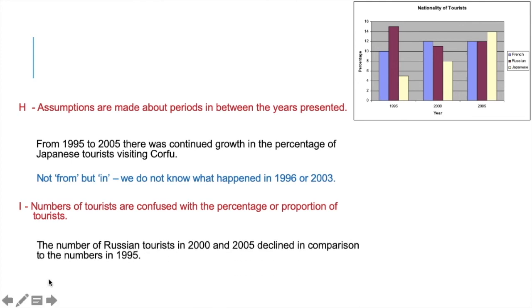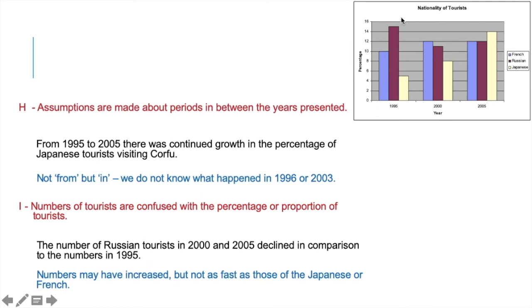So somebody might write the number of Russian tourists in 2000 and 2005 declined in comparison to the numbers in 1995. Okay, so the student here has used in, it's not said from and to. However, they're describing the number of Russian tourists.